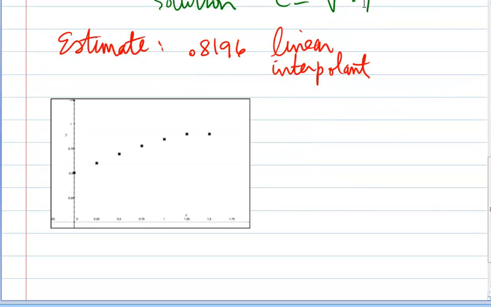If we look at this scatter plot of all of the table values, I notice that I get a curved pattern and not a straight line. So maybe a better interpolant would be a quadratic or cubic or quartic, just some other polynomial that has a curved pattern. This time I'm going to find a cubic interpolant.